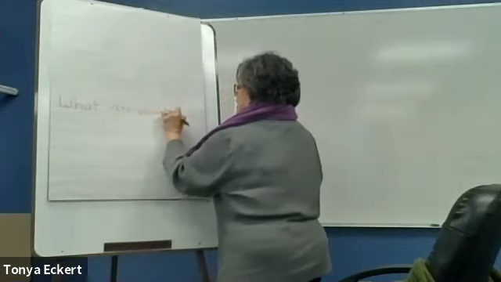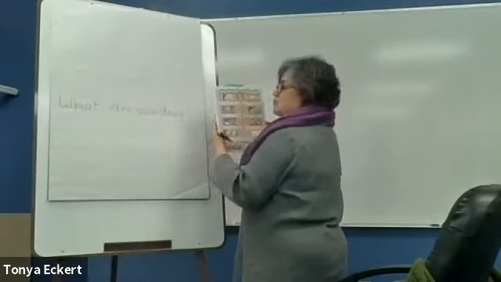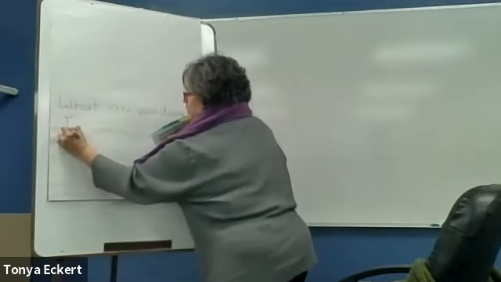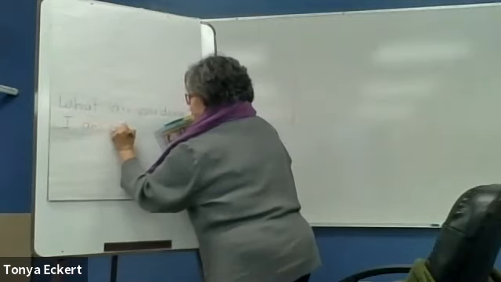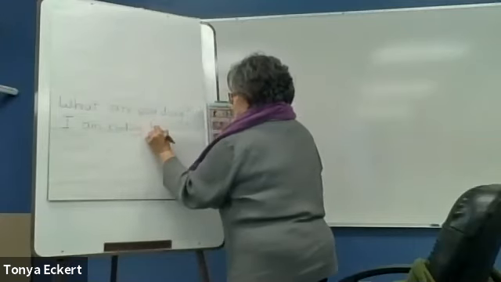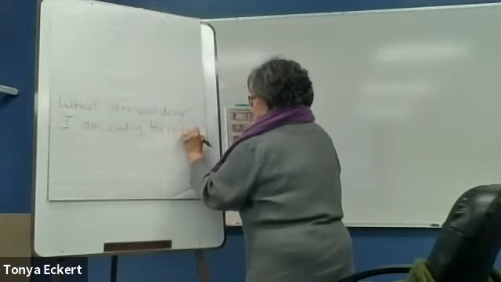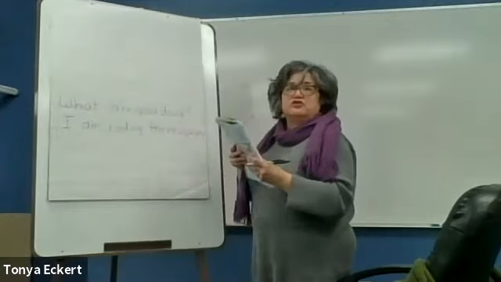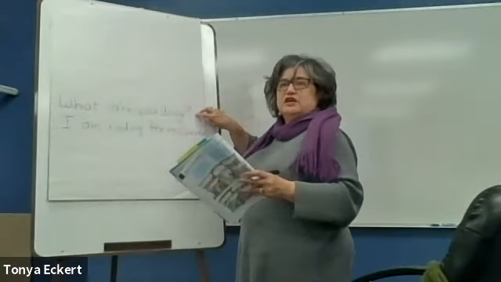What are you doing? And if you look, I'm back on picture number 1. Okay, there's one person. So I am reading the newspaper. Okay, so you could write those out in your journal, all right? And then you could have someone in your family practice.